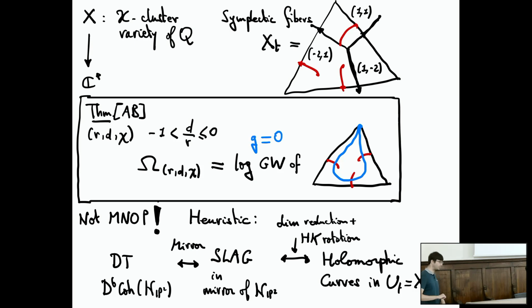So for example, the base of the Landau-Ginzburg model is an elliptic fibration with 3 singular fibers. But the base of the SYZ fibration is the base of a Lagrangian torus fibration with 3 singular fibers. And when you do this hyperkähler rotation move, the SYZ fibration will turn into the Landau-Ginzburg fibration.